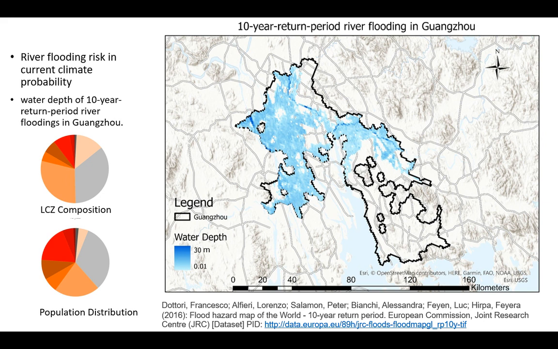And this is the analysis of the river flooding risk of Guangzhou and current climate probability.